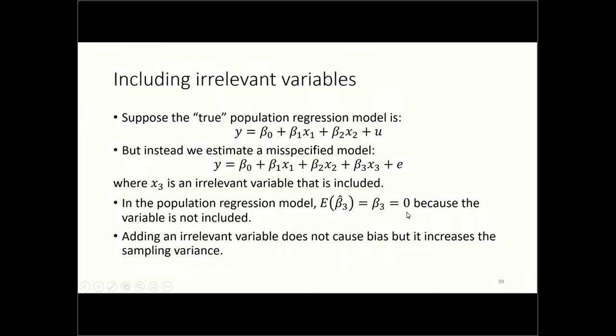And we talked about this before in the case of omitted variable bias. Another thing to mention here is that even though an irrelevant variable does not cause bias, it still increases the sampling variance, so it's still not a good idea to include irrelevant variables in the model.